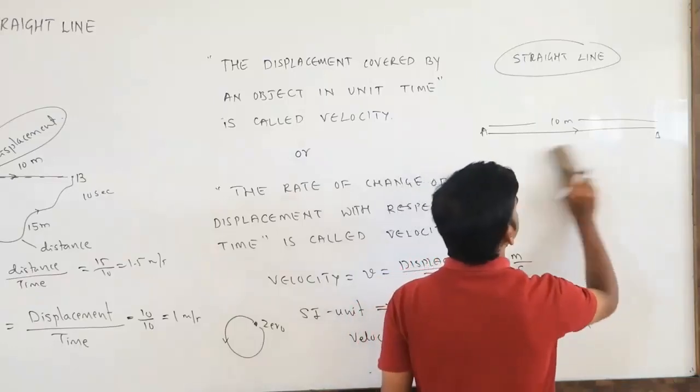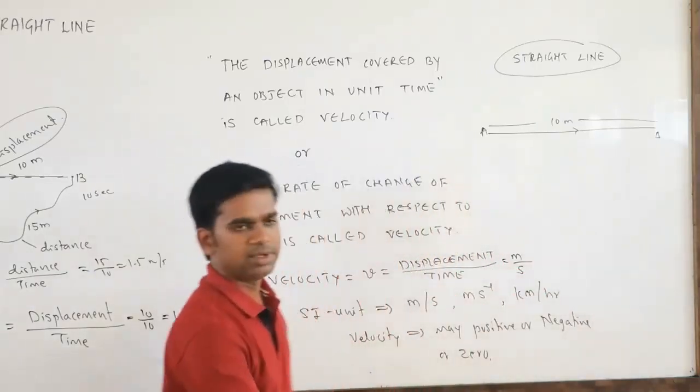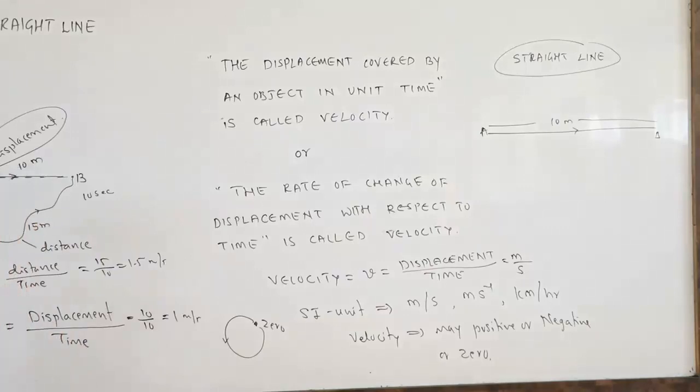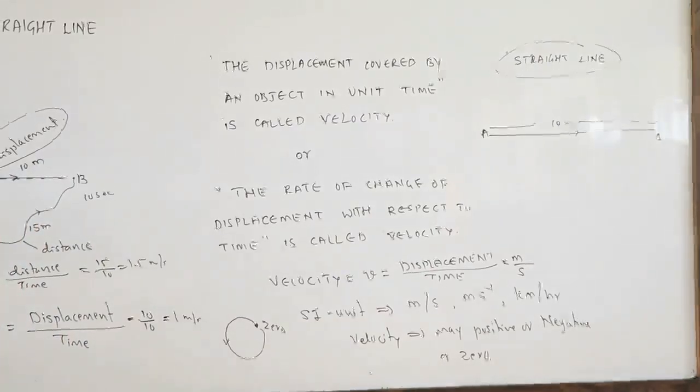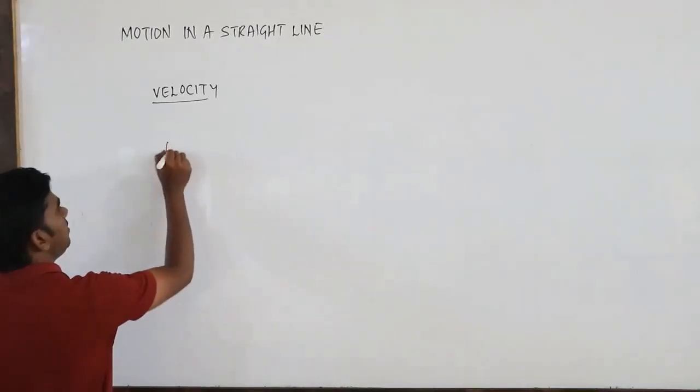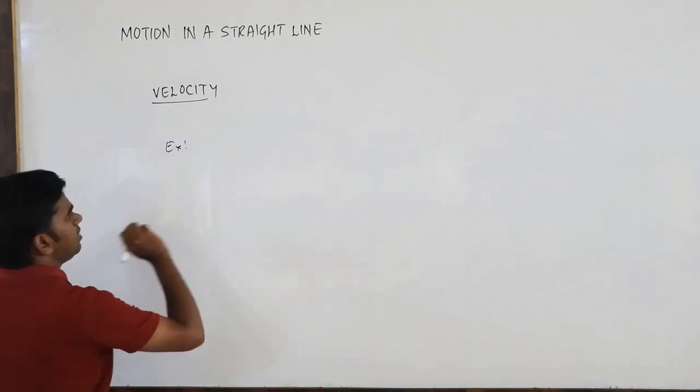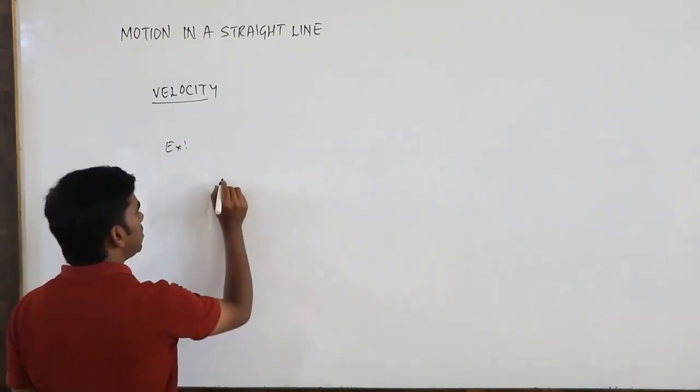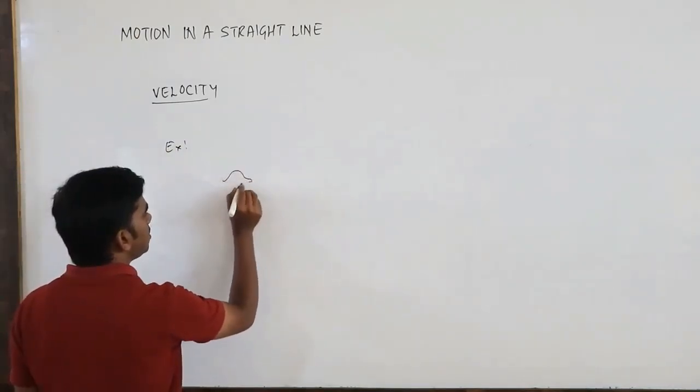So remember, for straight line motion, the object is moving in a straight line, so displacement is most of the time equal to distance. Now if I take an example to calculate the velocity, suppose a vehicle starts from here.